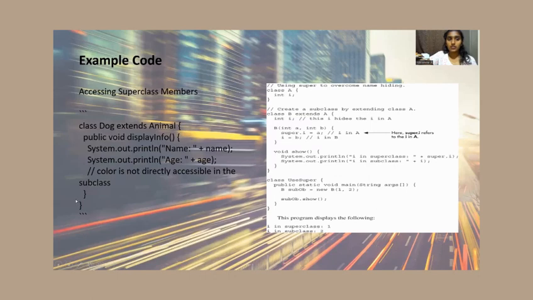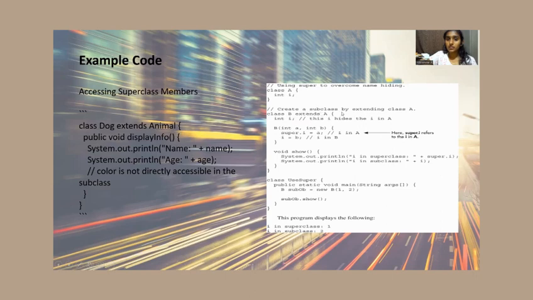And this is the example for accessing superclass members, and I felt this is a simple example. Here we are using super to overcome name hiding. So class A has int i.